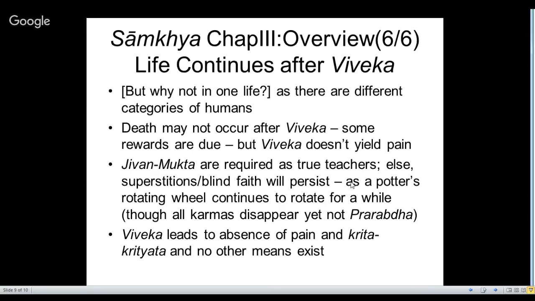And then he again offers an example. Just like a potter's rotating wheel continues to rotate even after he has made all this, that is the inertia. So because it is related to the materials, the material instrument, and the body is also made of panchbhut, he's saying that sort of inertia will continue and he will live for some more time, though all karmas disappear, yet not prarabdha.